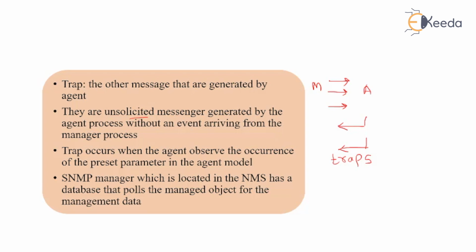These are automatically generated messages along with the get response. So the SNMP manager, which is located in the NMS, has a database that pulls the managed object for the management data. Traps occur when the agent observes the occurrence of a preset parameter in the agent model.